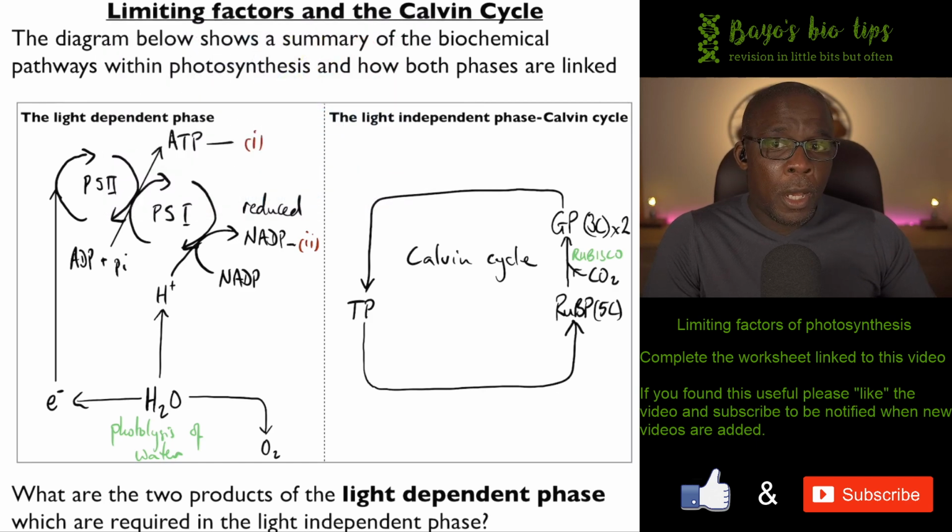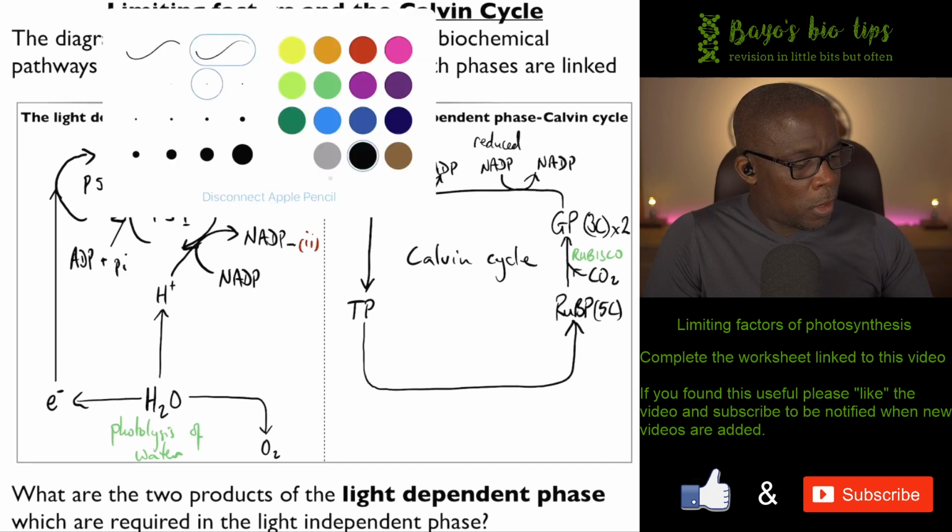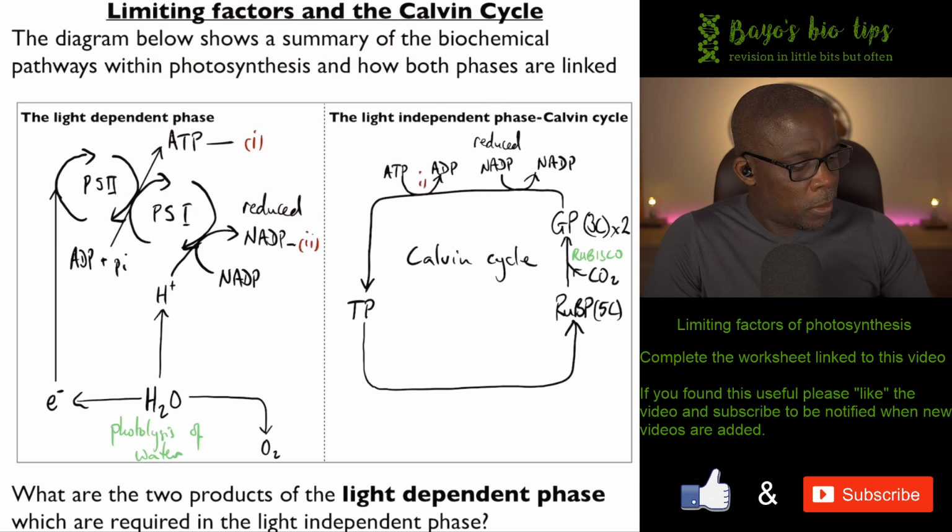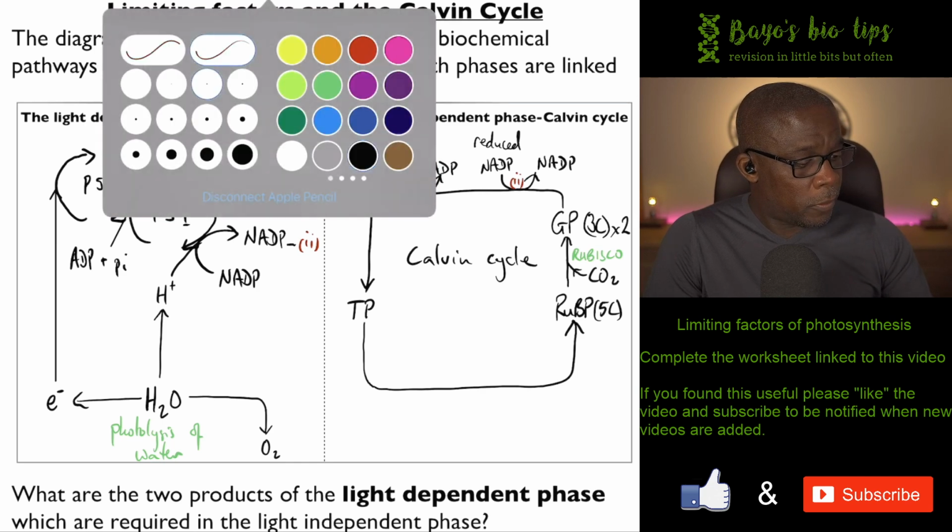So where are the two products of the light-dependent phase required? They're required here between GP and TP. So you've got ATP going to ADP, and you've got reduced NADP going to NADP. Those are the two substances we mentioned from the light-dependent phase.